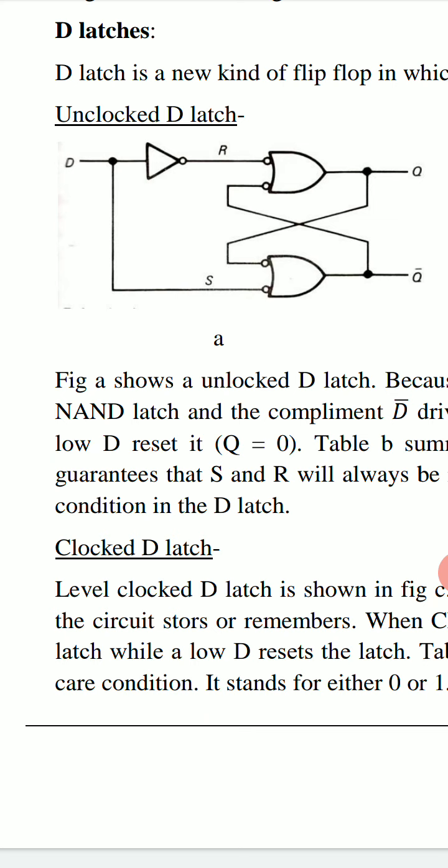This is De Morgan equivalent. In place of using two NAND gates, we are using these two OR gates with inverted inputs.